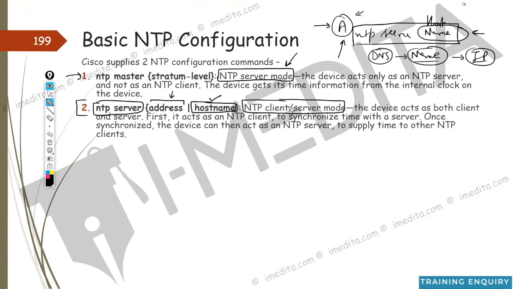Okay, most of the people think that when you are configuring NTP server, that means the device will act just like a client and pull time from somewhere. Whereas in actuality, this device acts as a client as well as a server, both. Okay. So it will synchronize time with this IP address or this host name, and then it will act as an NTP server if somebody synchronizes its time with this device.